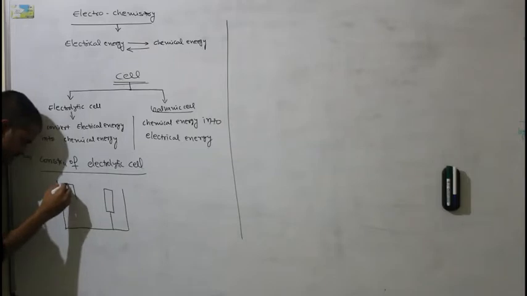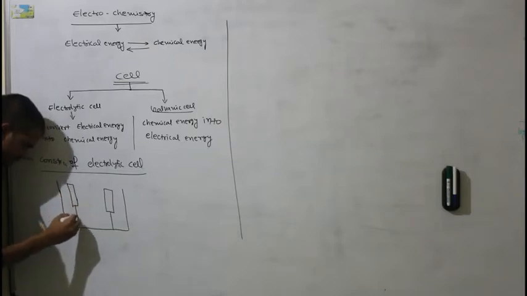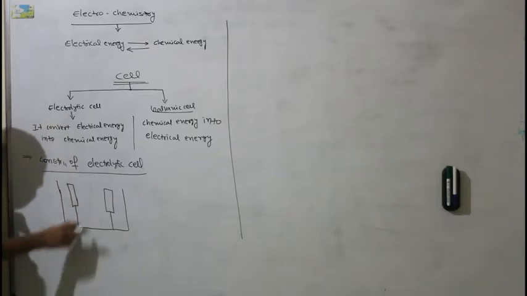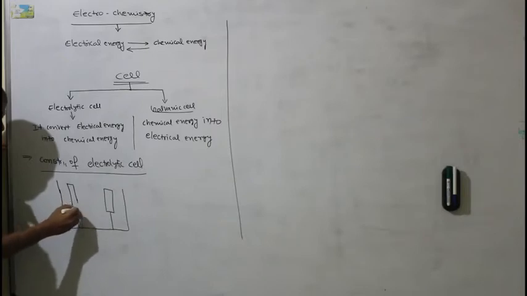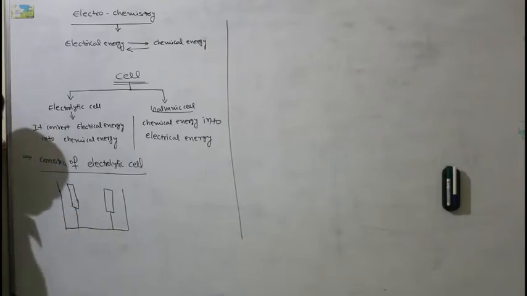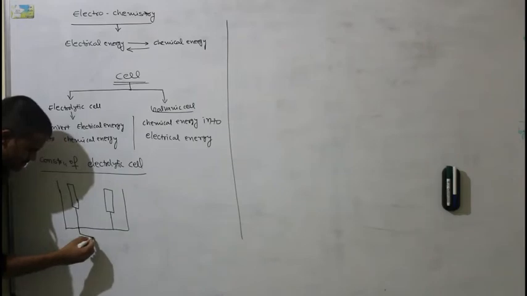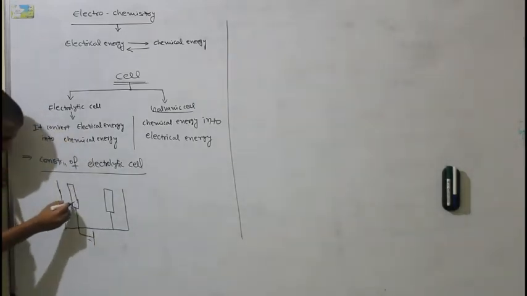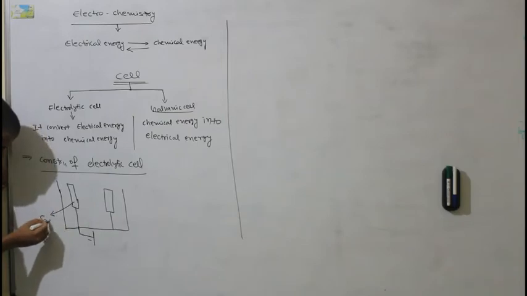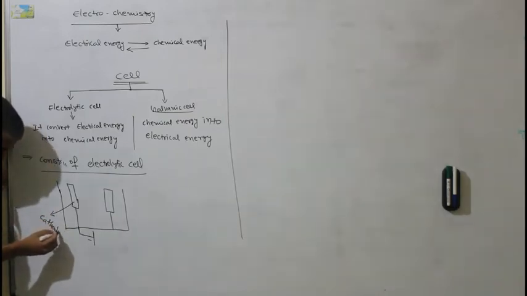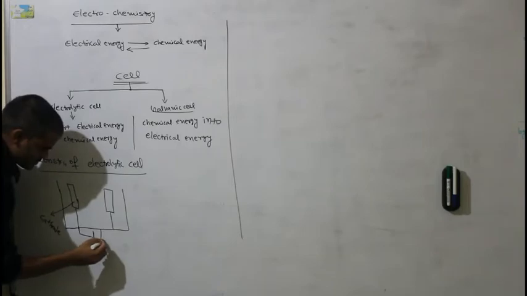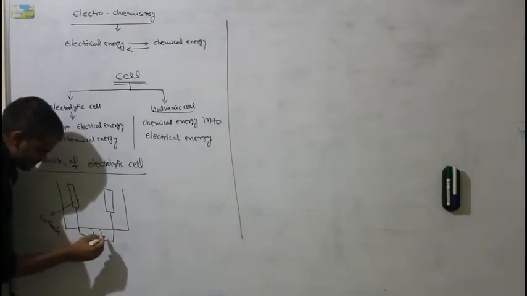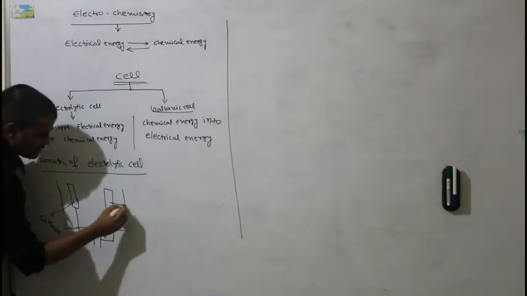These metal rods are called electrodes. The electrode which is connected to the negative pole of the battery will be called the cathode. The one connected to the positive pole of the battery will be called the anode.